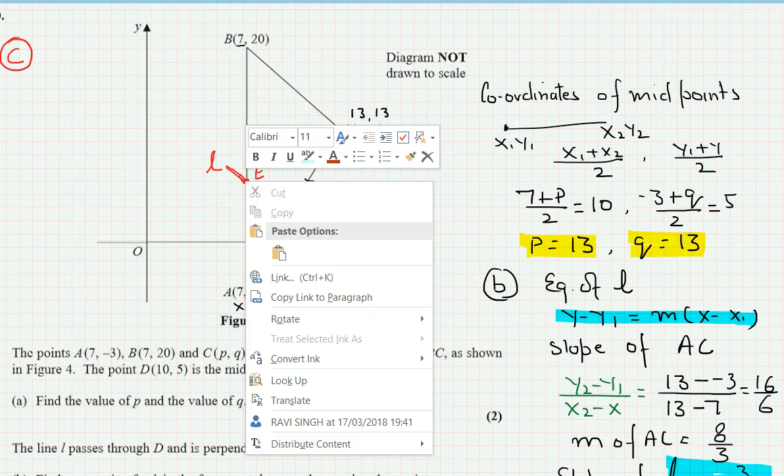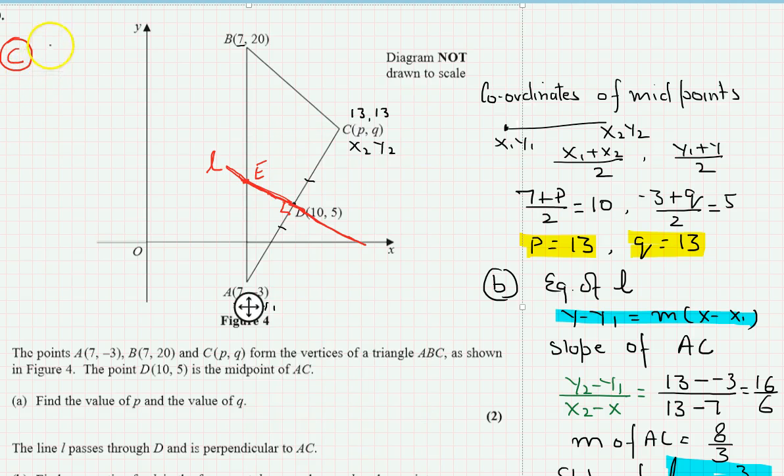So the x coordinate at E is 7, because it is passing through. All values are 7, so the first coordinate of E will be 7.